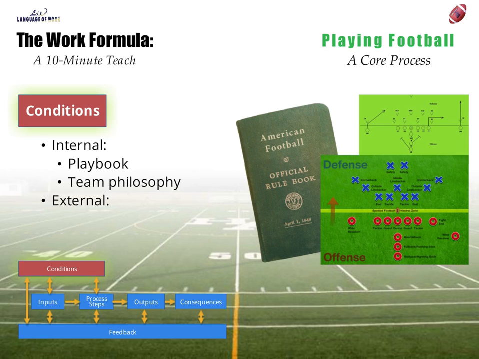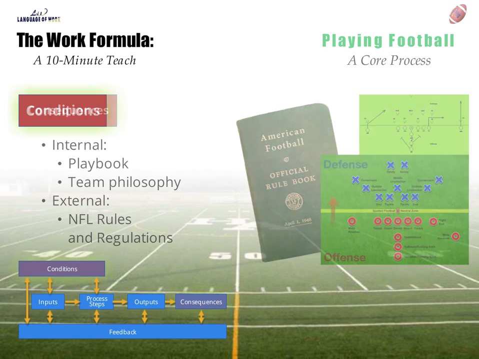Then there are external conditions. In professional football, the external conditions are the rules imposed by the National Football League, the governing body. In business, conditions are the laws, rules, and regulations imposed by federal, state, and local governments and other governing bodies. Internal conditions include, among others, the policy manual.